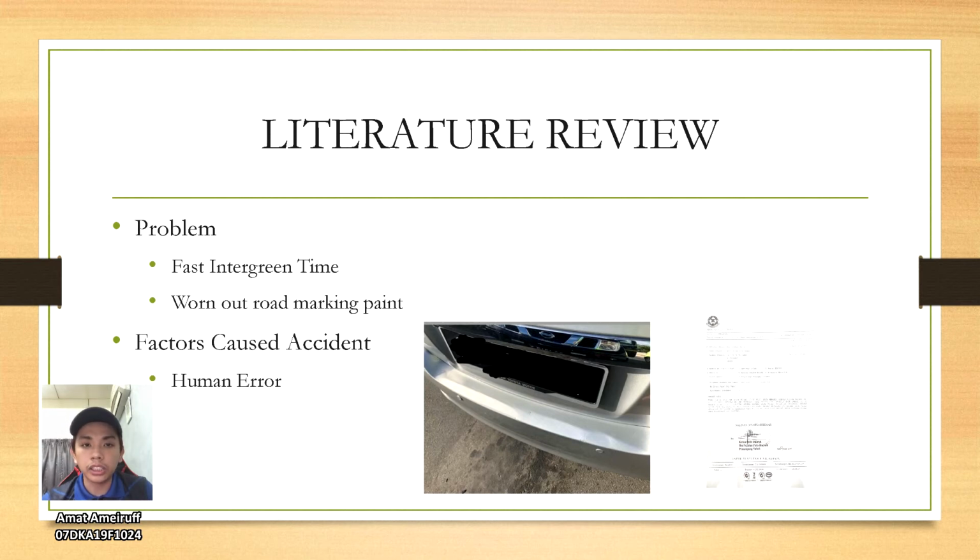But I can assure, since I live near this location of the case study area, there are some accidents that happen, and I have seen them myself.